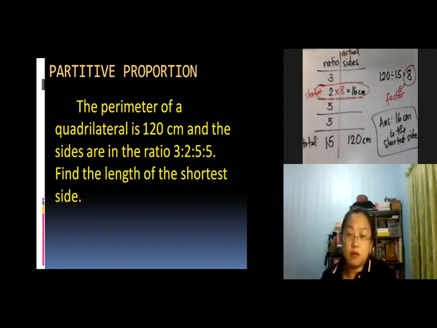Along the way, you would encounter a harder, a more difficult partitive proportion problem. But basically, ganyan lang siya isosolve. Okay? Pwede kasi kayong itanong, halimbawa, what is the sum of the lengths of the shortest and the largest side? O pwede yun. So, ibig sabihin, you need to be flexible with regards to what is asked in the problem. So, whenever you solve problems, make sure what you're doing is going to give you the correct answer for whatever is asked in the problem.